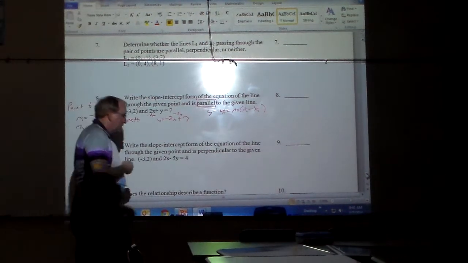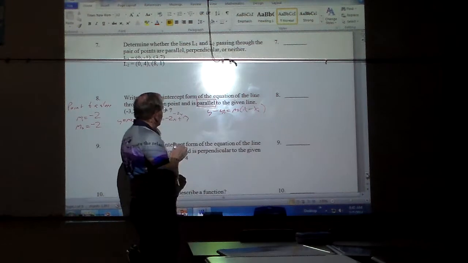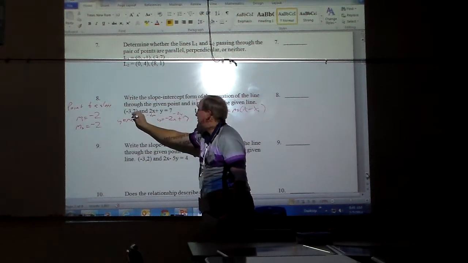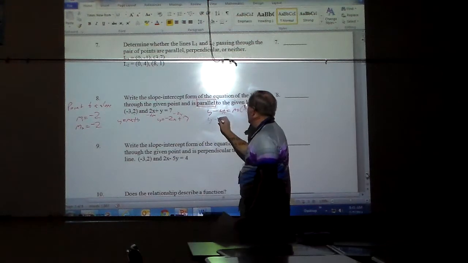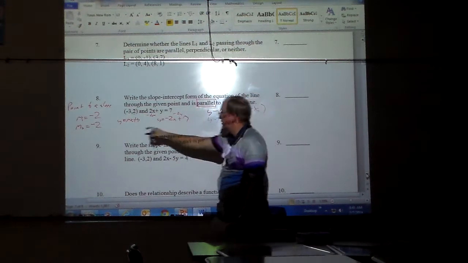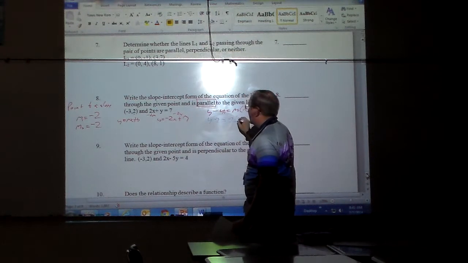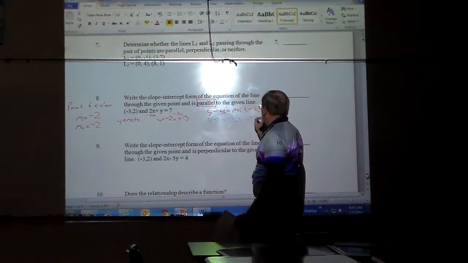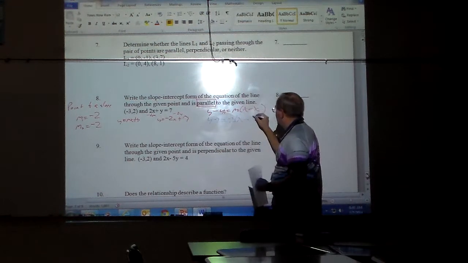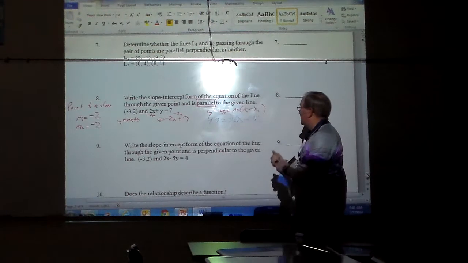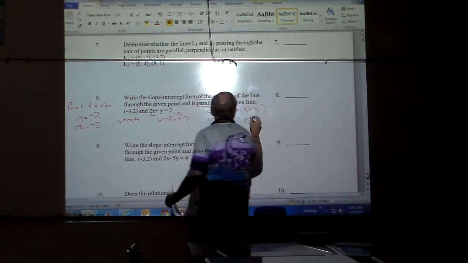All right? So to do that, let's do the following. I'll have y minus 2 equals m, which is negative 2, times x minus negative 3. Now this blue one's not showing up too good. So notice minus negative 3 is the same thing as a plus 3.